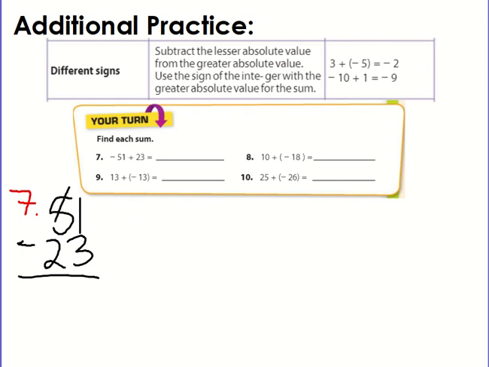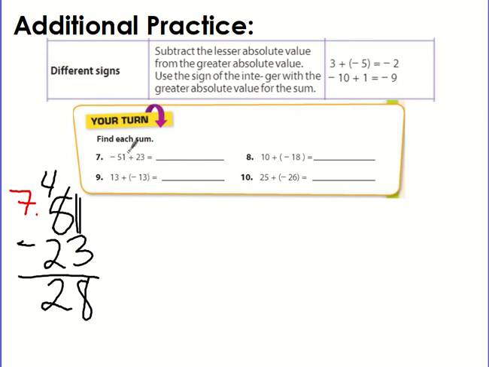Don't forget to borrow. We cannot take 3 away from 1, so 11 take away 3: 11, 10, 9, 8. And then 4 take away 2 is 2. Now our answer, is it positive 28 or negative 28? Well, we have to look at our original numbers. It says take the sign of the bigger absolute value.